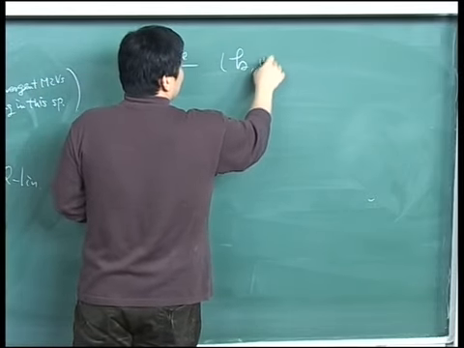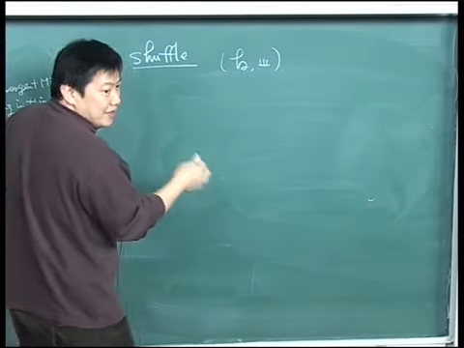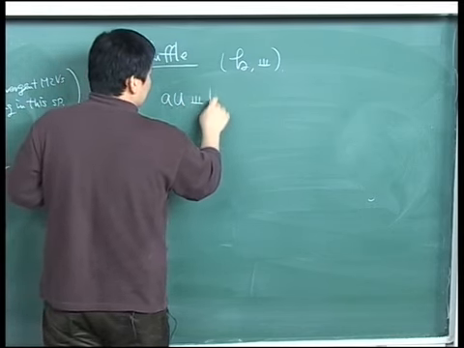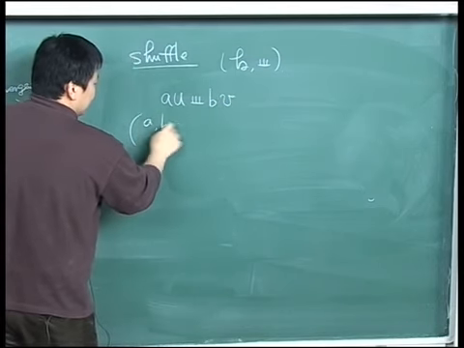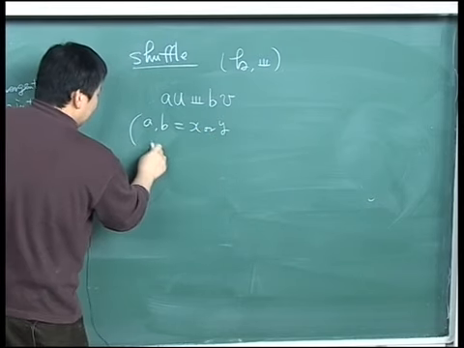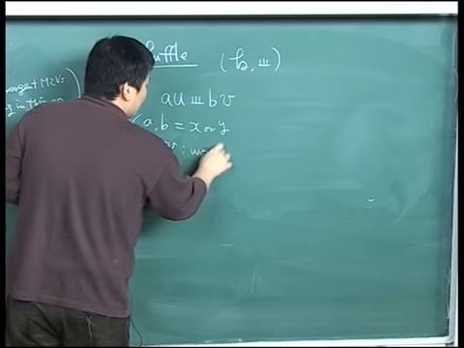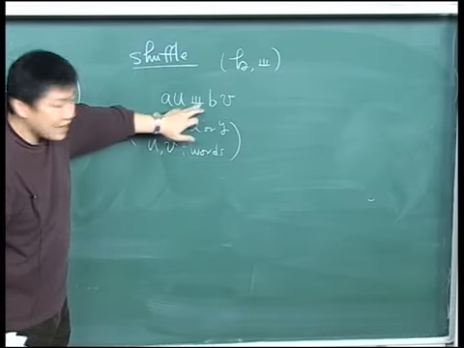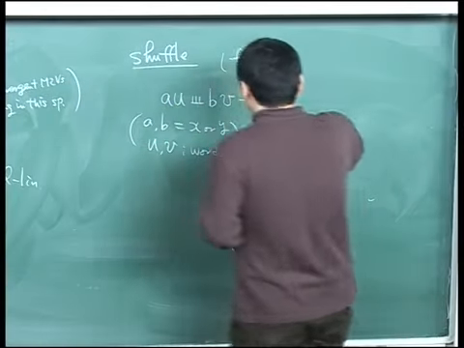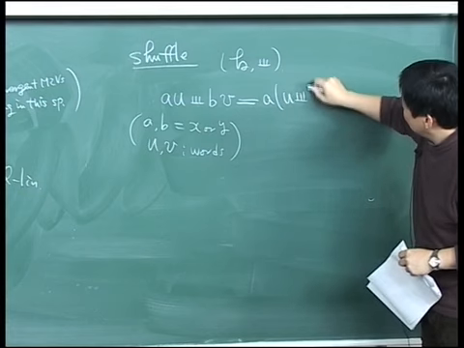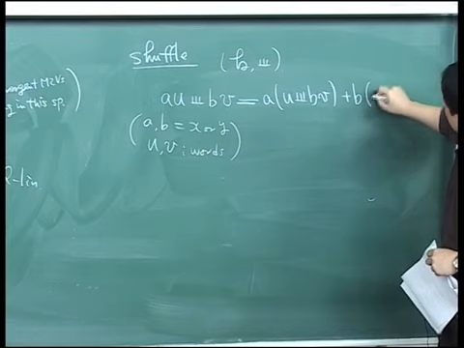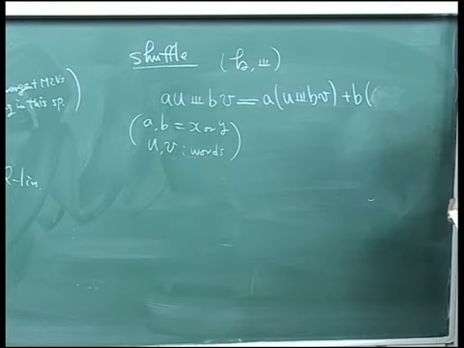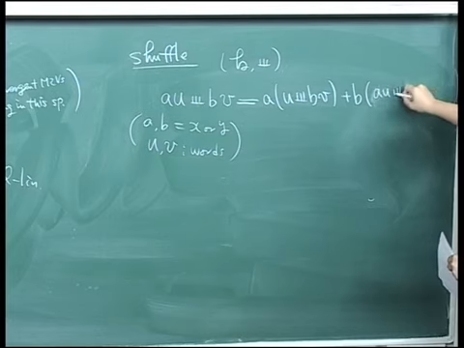This product is defined by a recursive relation in this way: for a, b letters and u, v any words in H, we define the new product, the shuffle product, by this recursive relation: a u shuffle b v equals a (u shuffle b v) plus b (a u shuffle v).